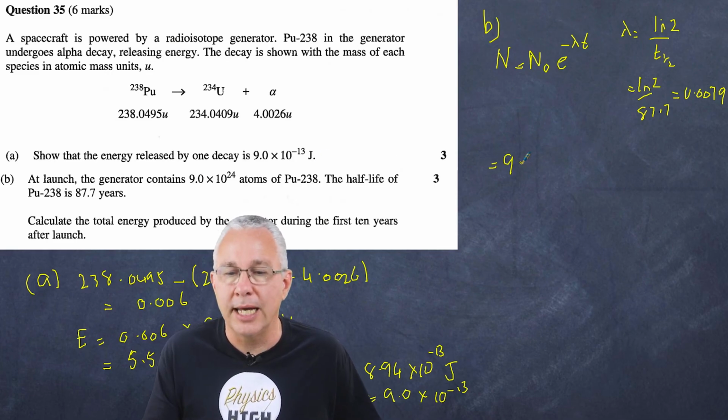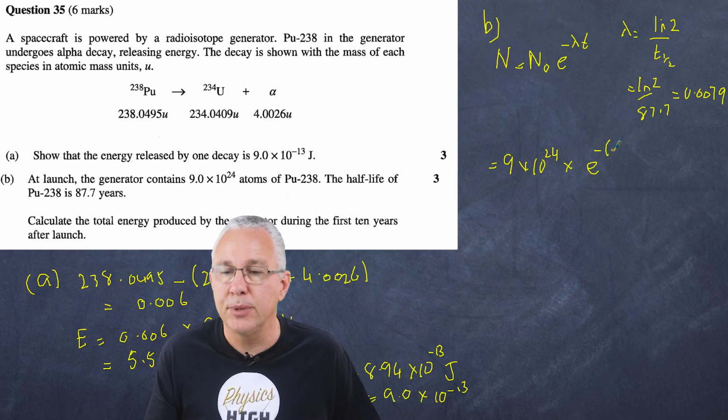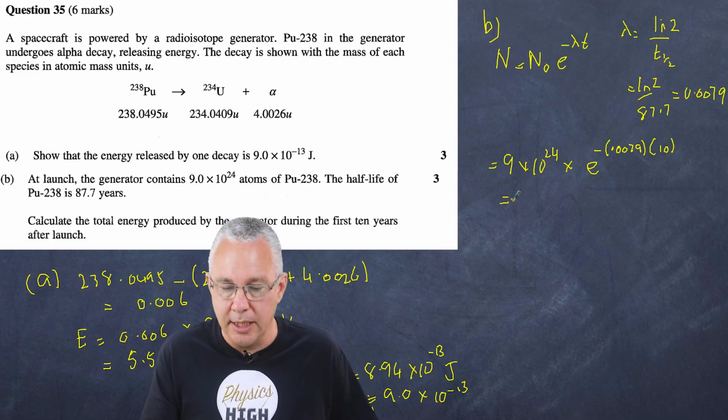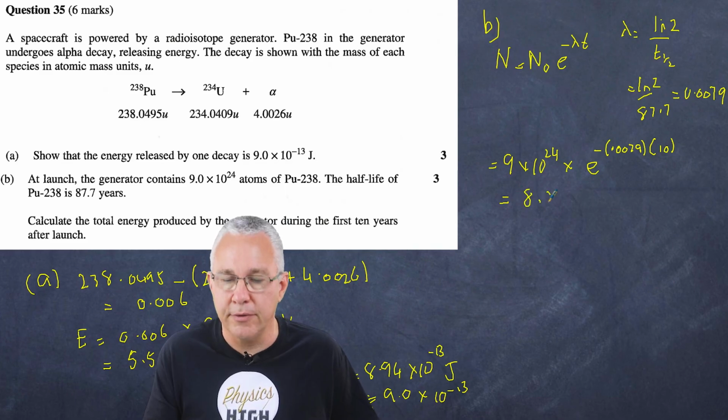Now remember, we're starting off with 9 times 10 to the power of 24. We multiply this by e to the power of, now it's negative, our decay constant, 0.0079. Now in this case, the time that we have is the first 10 years, so we're just going to put our 10 value in here, and when we calculate that out, we're going to get 8.316 times 10 to the power of 24.